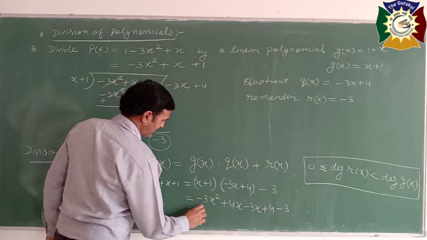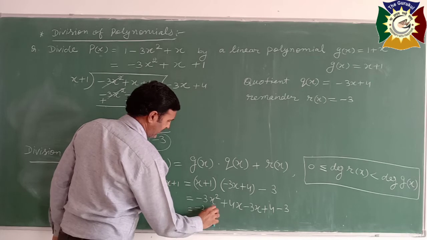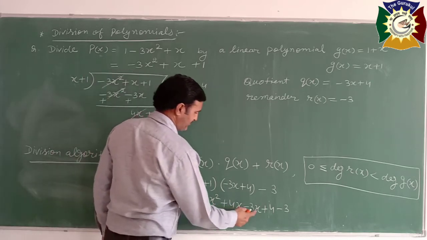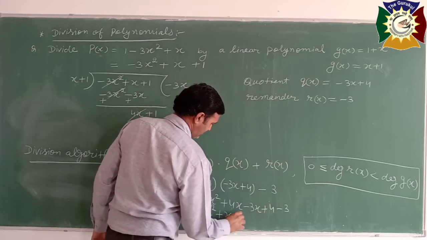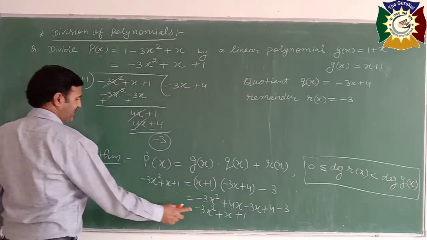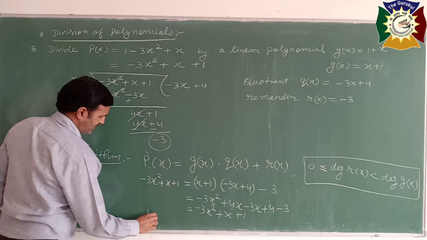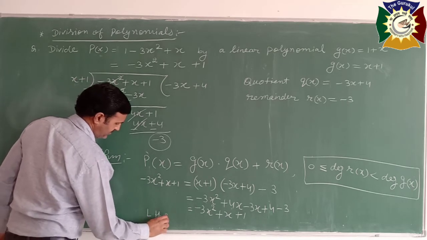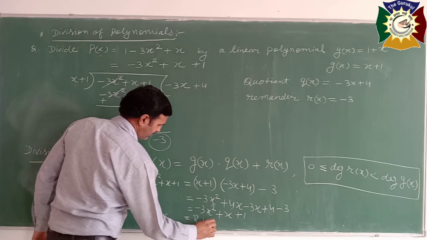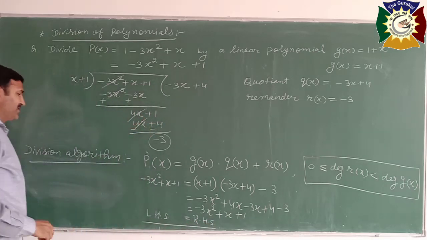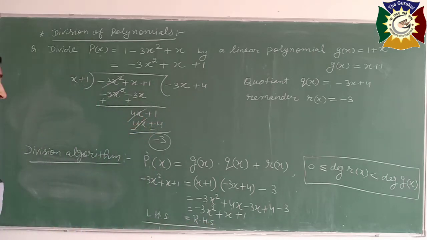Minus 3x square. Arrange the like terms together, plus 4x minus 3x plus x, plus 4 minus 3 plus 1. Both the sides are equal, hence verified the division algorithm for the polynomials. We can check whether the division is correct or not.